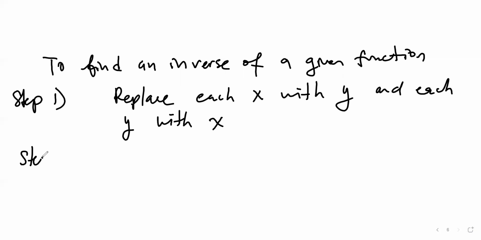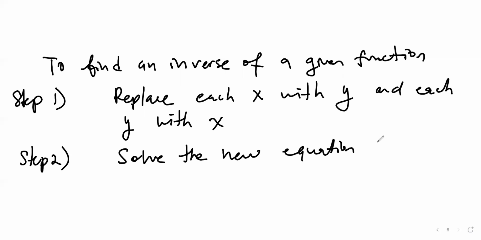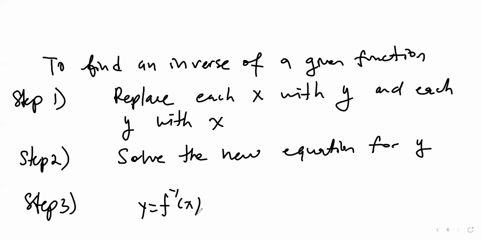And then you'll get a new equation, of course. And once you get that new equation, then you will solve the new equation for y. Okay. And then you may want to write it like this. Step 3, you will just write, y equal to f inverse of x for the new one. And that will be the inverse of the function.